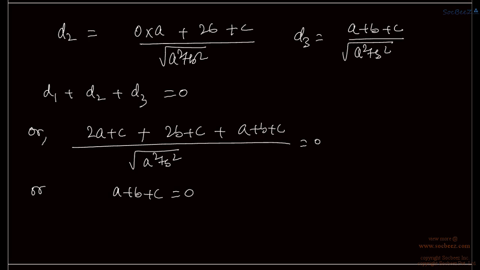That means 3 times (a plus b plus c) is equal to 0, which means that the variable straight line is passing through point (1, 1), isn't it?